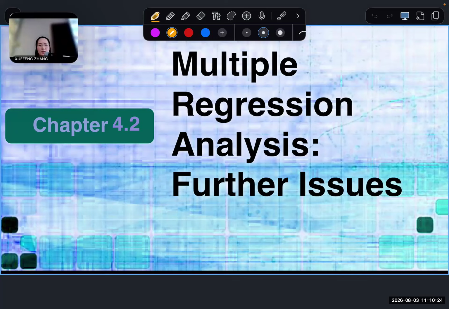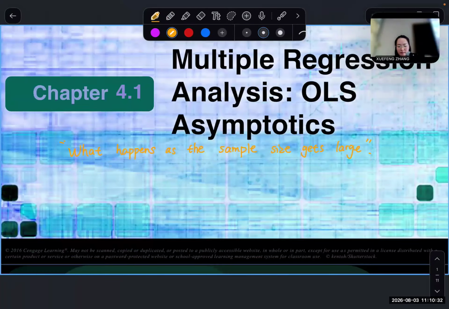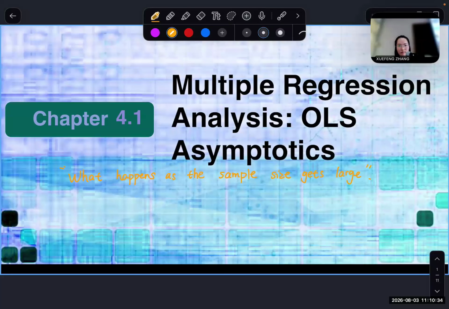And chapter 4.1 showed us that even without normality, our t-test and F-test still work fine, because of asymptotics, which means in large samples.